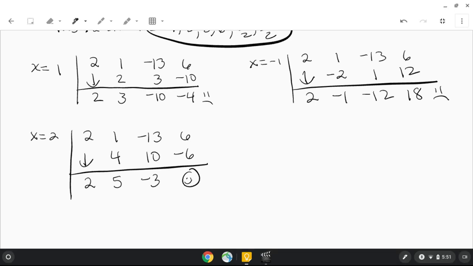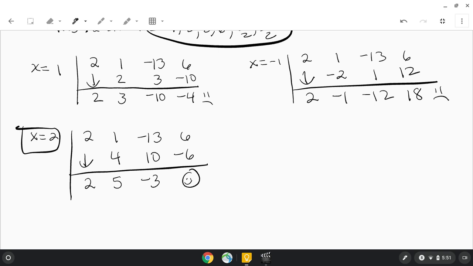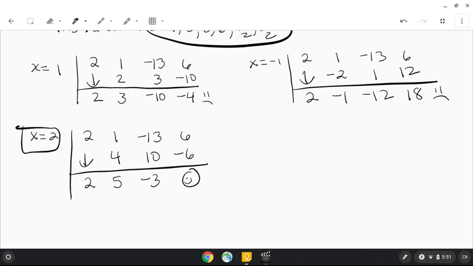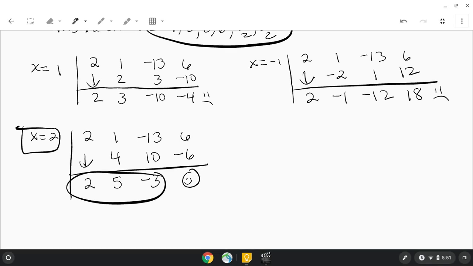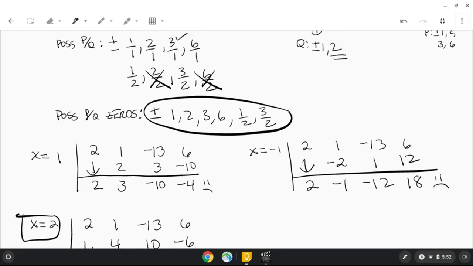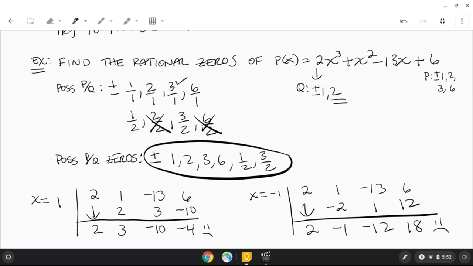Okay. All right, so right here, this is one of our zeros so far. And if you remember from the last section, this is 1 degree less. So we started off with a degree 3, I believe. Let's see, trying to scroll up here. It is a degree 3, right?